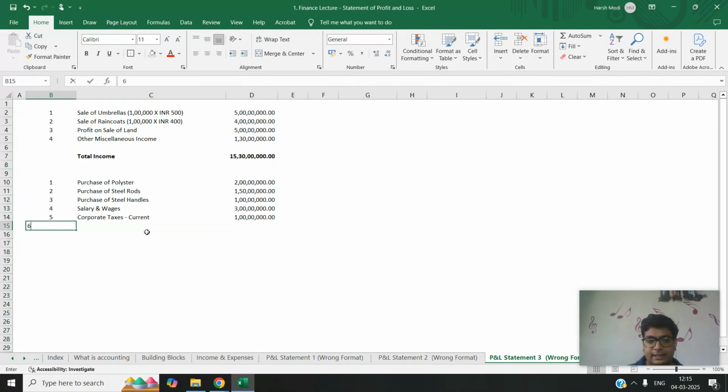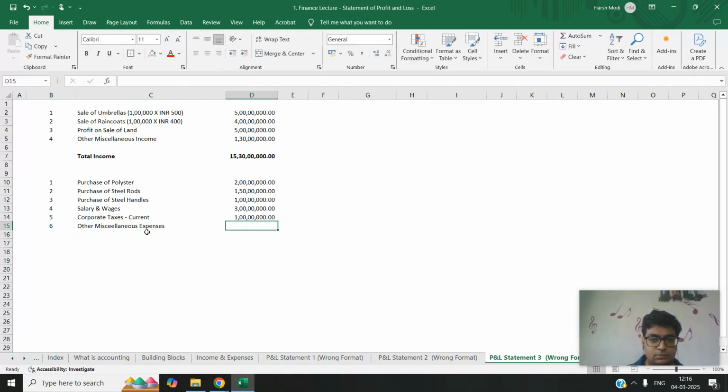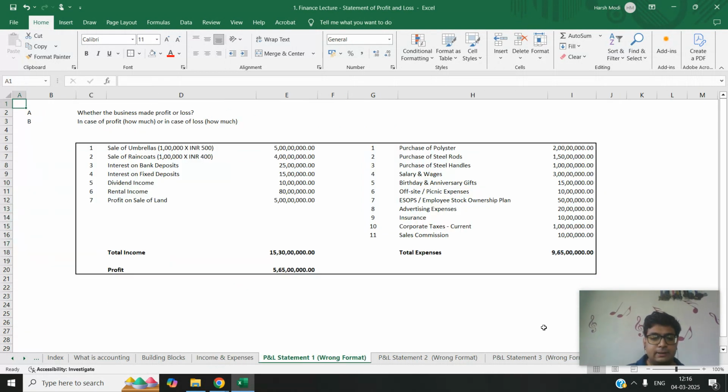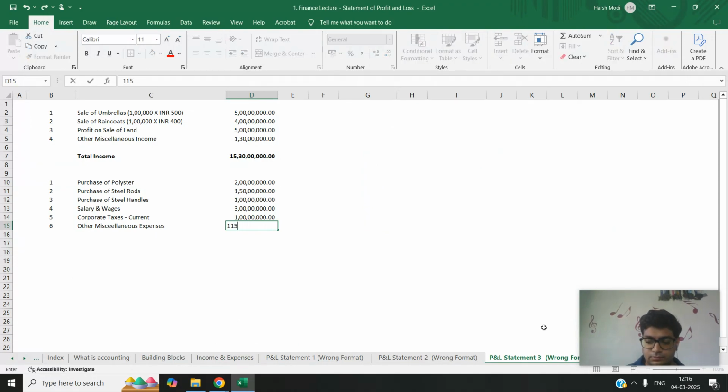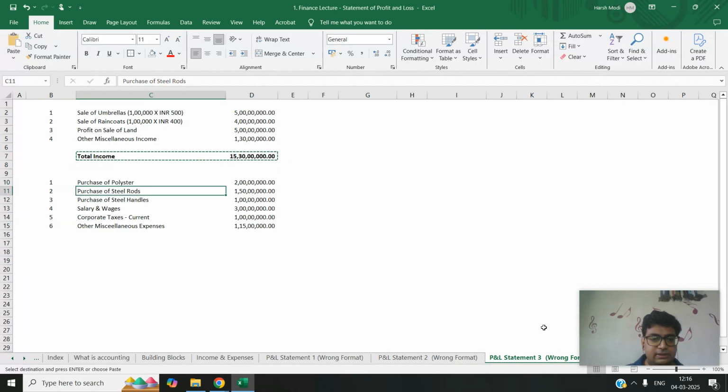Rest of all the other expenses that XYZ Limited has, Srinivas decides to present collectively. So that would be this plus this. The total of course is 1 crore 15 lakh. And then he totals the expenses.